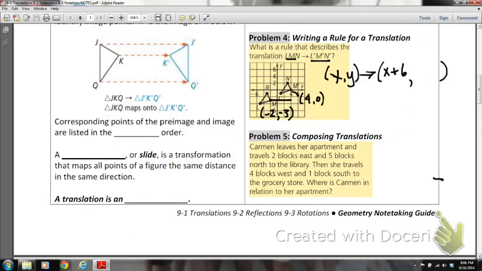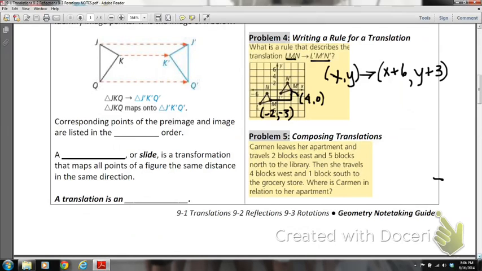And then from that point, let's look at the vertical movement. How many units do you have to move up to get from M to M prime? You have to move up 3 units. So you take your y value and add 3 to get from M to M prime.